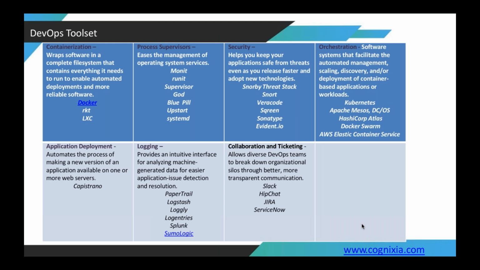Then comes orchestration. When we talk about containerization, containers require networking to be set up. By default, the networking is not that strong. Then you have to deploy the containers.